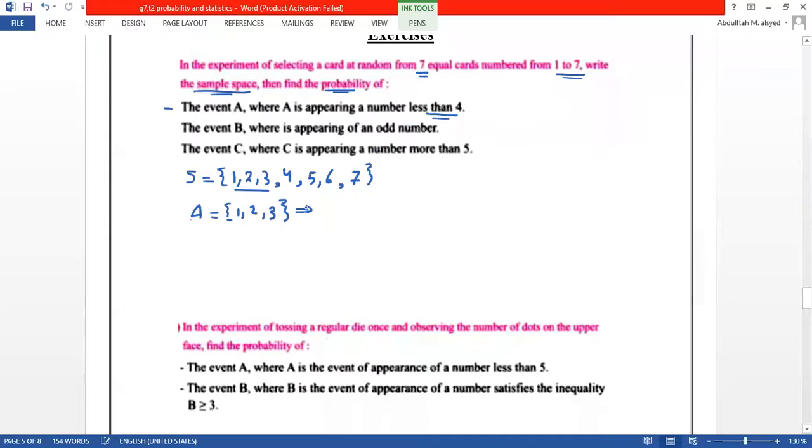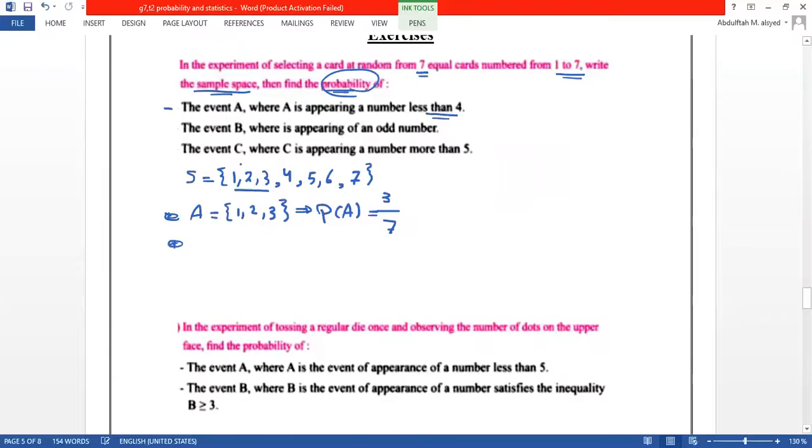The required is the probability, not the event itself. The probability of A equals the number of elements of event A, 3, over the total number of the sample space, 7. So 3 over 7 is the first required.